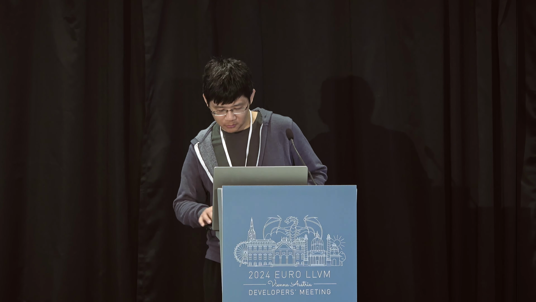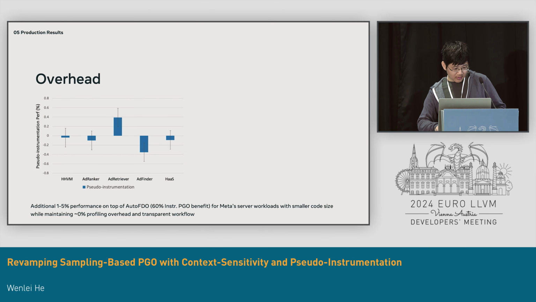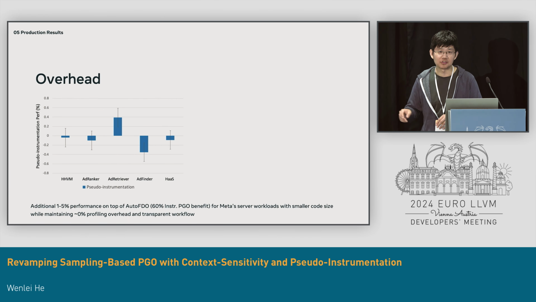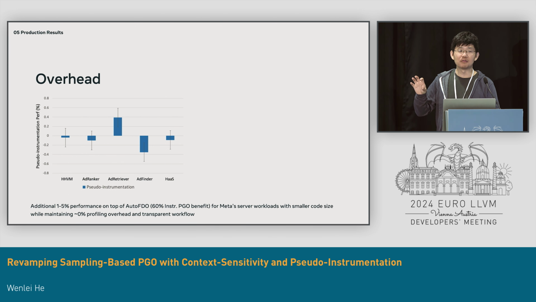So we run it on our very large data center workloads. And actually, this is the number that we got from the real production. There may be some overhead, but the performance measurement is also challenging. So what we observe is this is barely breaking the noise barrier for our measurement. So it's pretty low. I think it's maybe around 0.2% or something like that.